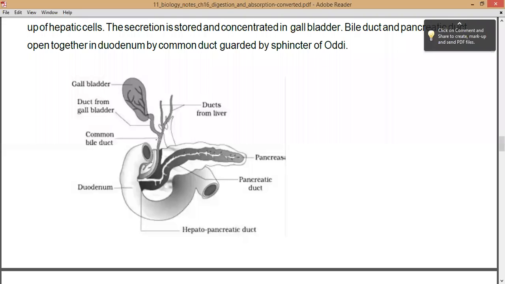Here is the common bile duct, because the pancreas secretes over here as well as the liver. As the two secretions pass through a common passage, this duct is known as the common bile duct, that is simply the hepatopancreatic duct.